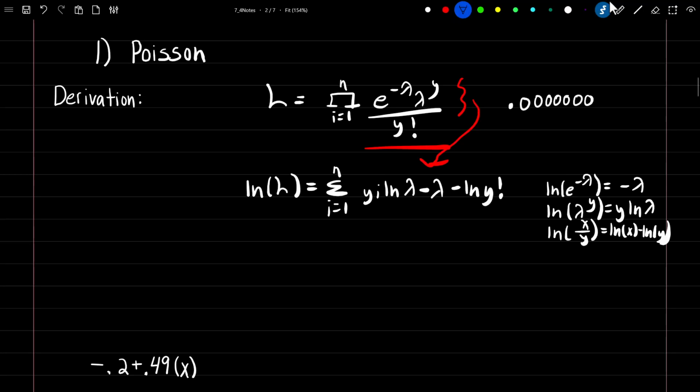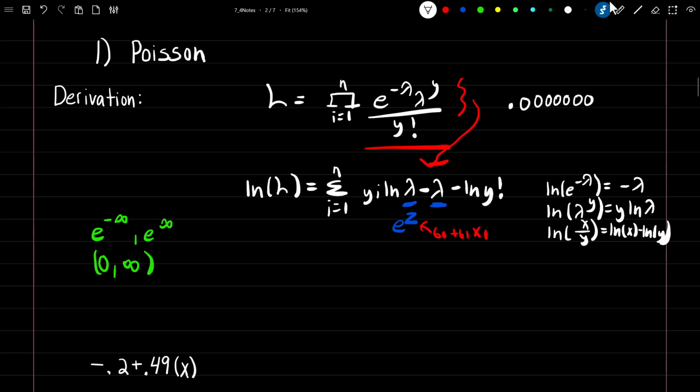Now the function that we're going to be inserting for our lambda is going to be e to the z, where z represents our beta 0 plus beta 1 x1. The reason we use e to the z for a Poisson distribution is that no matter what value you enter into z, from negative infinity to positive infinity, you're going to end up with a number between 0 and infinity, which is what values a count variable can take, any value from 0 to infinity.